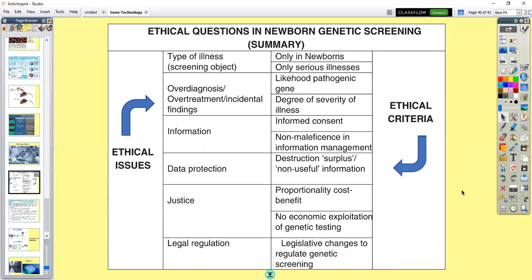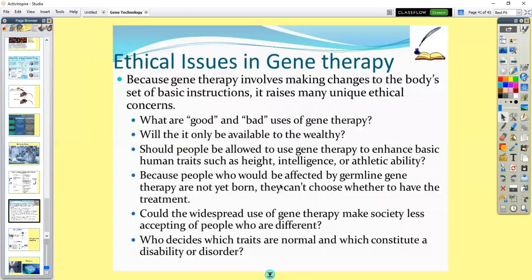Obviously, there are questions as to how that information is shared, or who is allowed to be screened. What type of information do we screen for? Do we pass that on to insurance companies, life insurance companies, if you know that you have Huntington's disease, for example, which you develop in your 40s? So ethical questions around that.